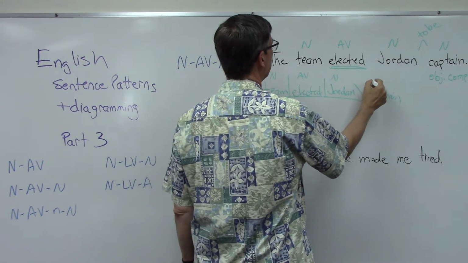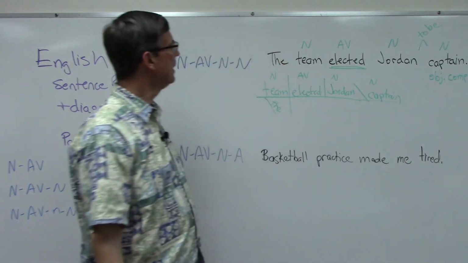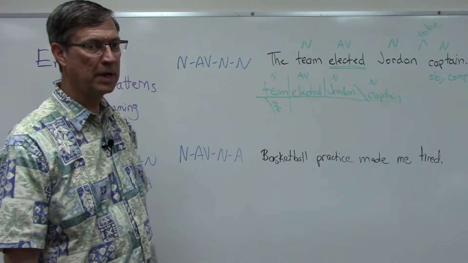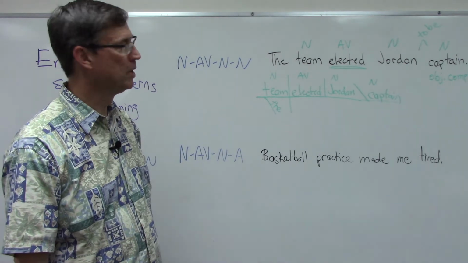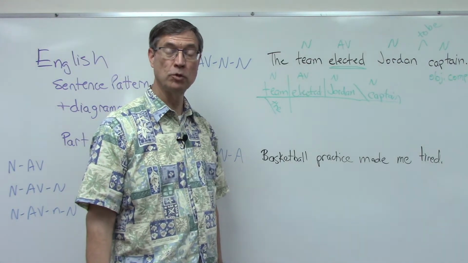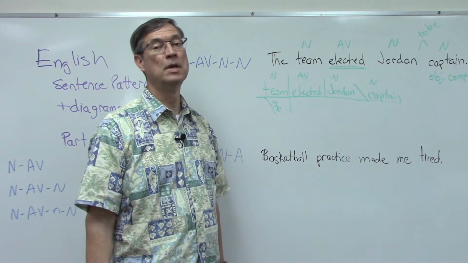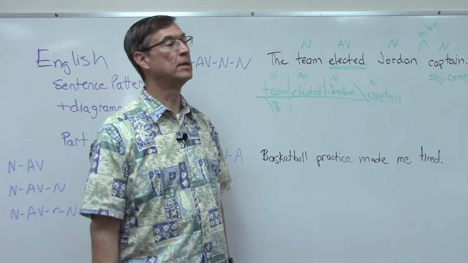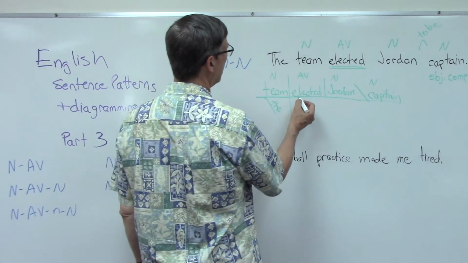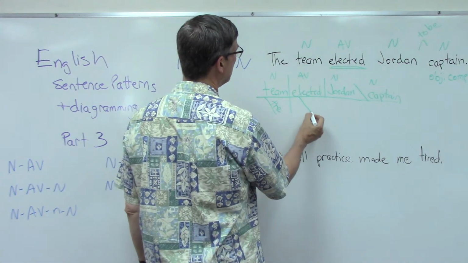Capital N, capital N. What if the sentence said, yesterday the team elected Jordan captain? Where would yesterday go? Well, yesterday answers the question when. So words that answer the question when, why, to what extent, where, are adverbs. So it would come under the verb.